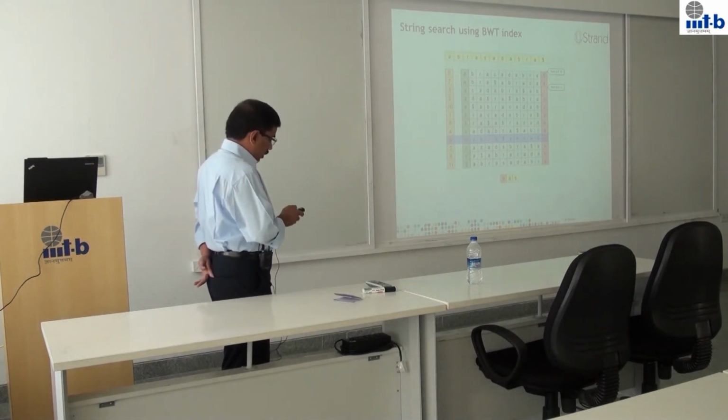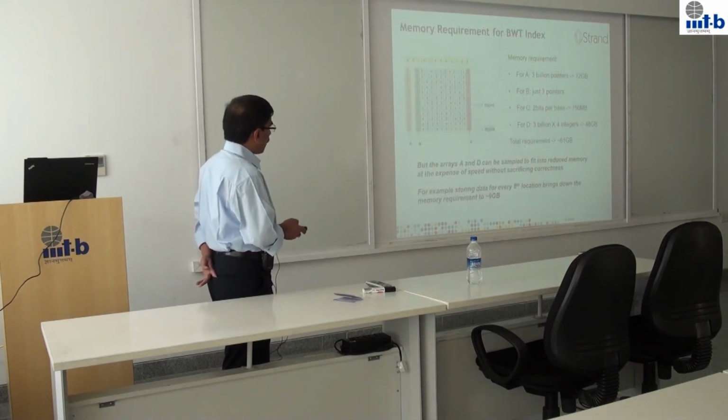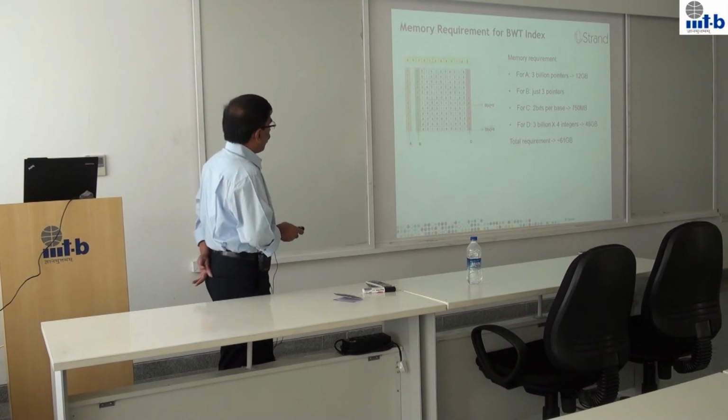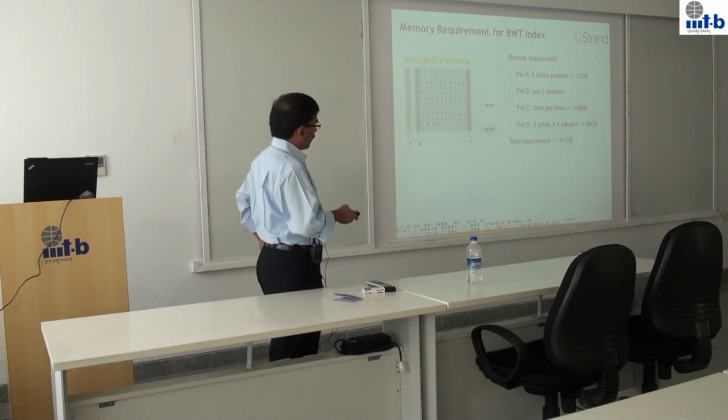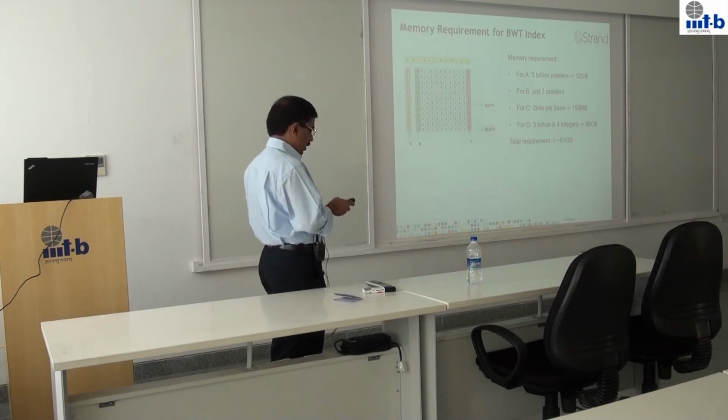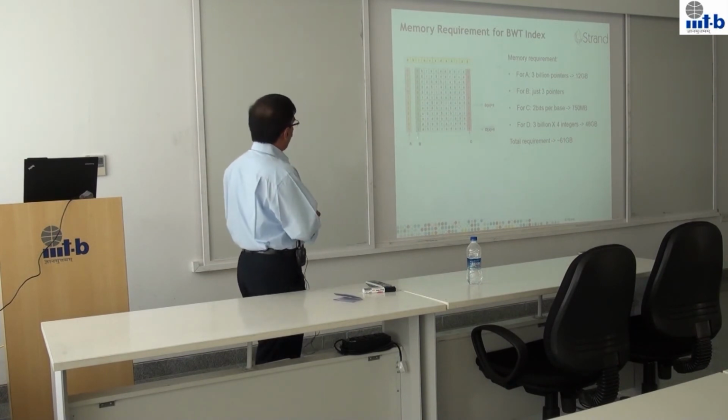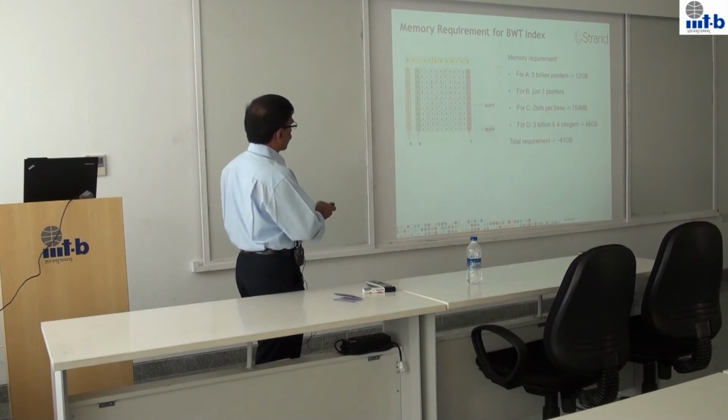So this is how it operates, but we need to see how much memory it requires, and whether it is really more effective than the suffix tree approach. If you look at these 4 data structures that we need to store, for A we need to store 3 billion pointers, which is 12 GB.